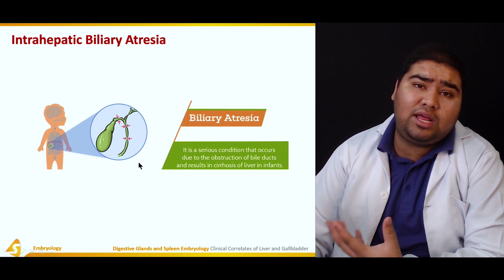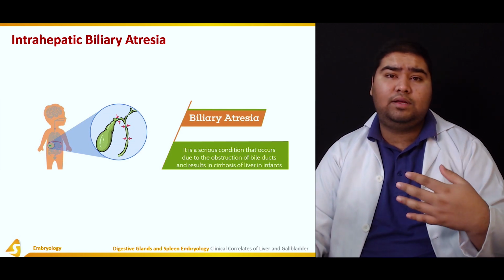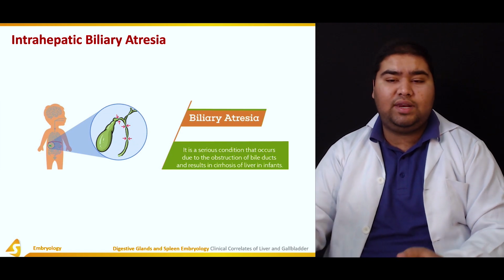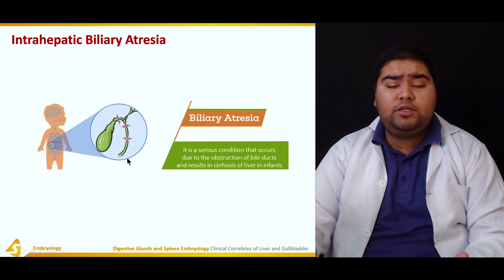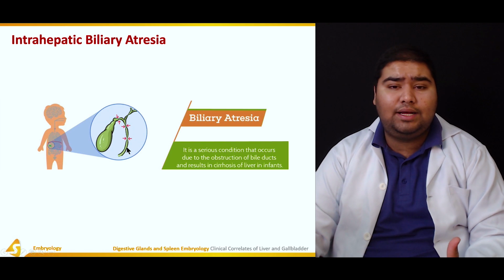Intrahepatic biliary atresia can only be seen histologically, because you cannot have a naked eye view of what is happening within the liver itself. But for the purpose of understanding, this is how the tightening occurs within this biliary tree or biliary tissue.